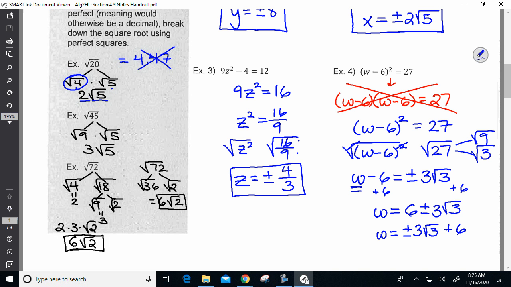The main thing is the plus or minus has to be in front of 3 square root of 3. So be very careful with how you give your final answer.